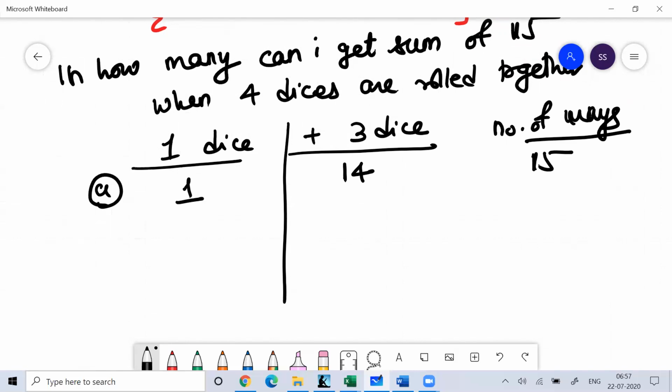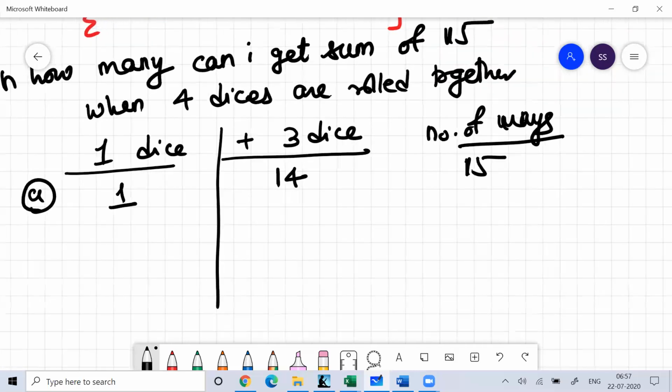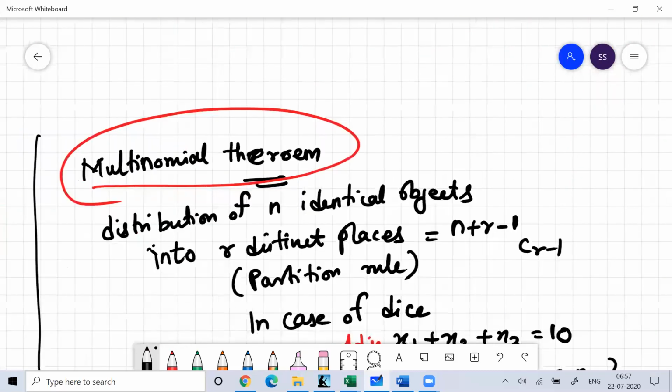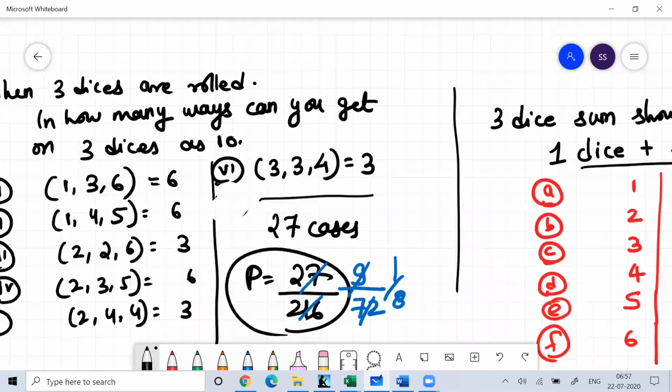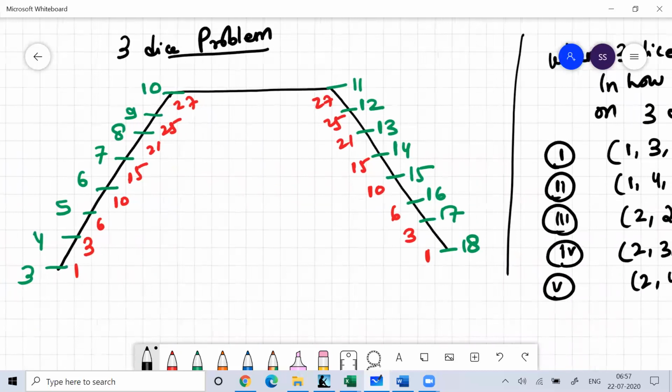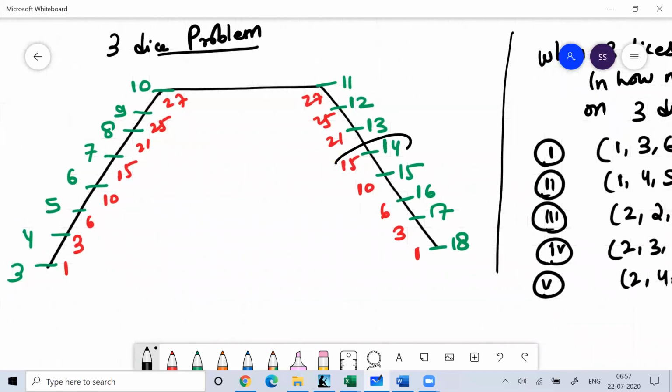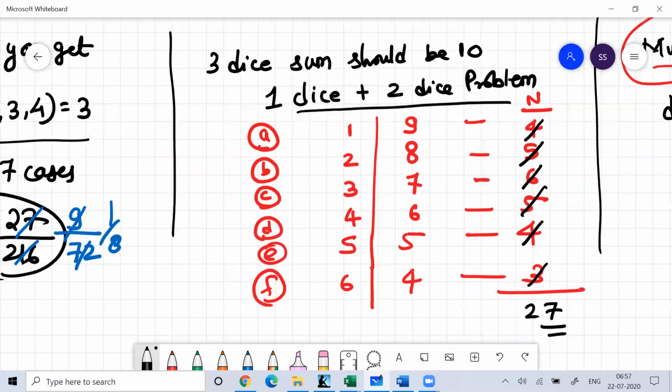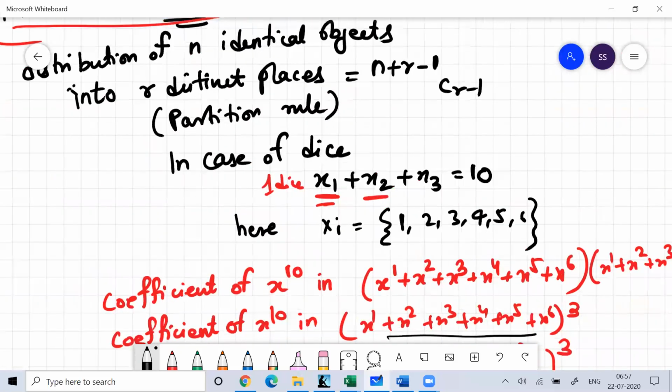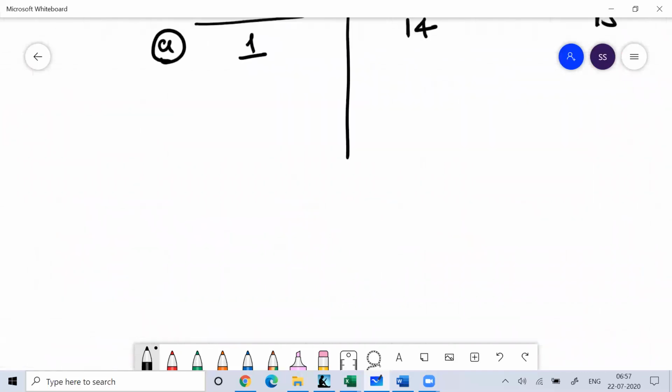You can see the shortcut table that I have drawn. For this 14, the number of ways to get the sum 14 would be 15 ways. So you can remember that way. If you remember, then your work will be done.